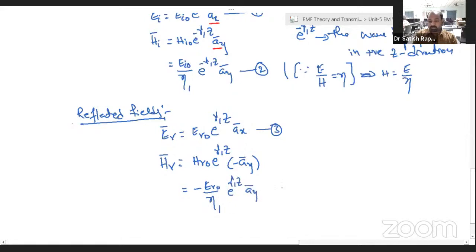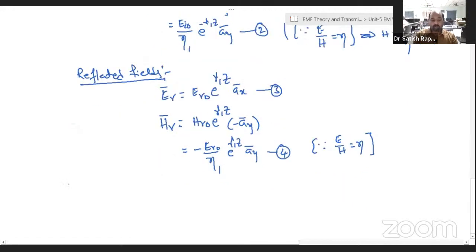Let us say this is equation 4, since E by H is equal to eta, so H is equal to E by eta.